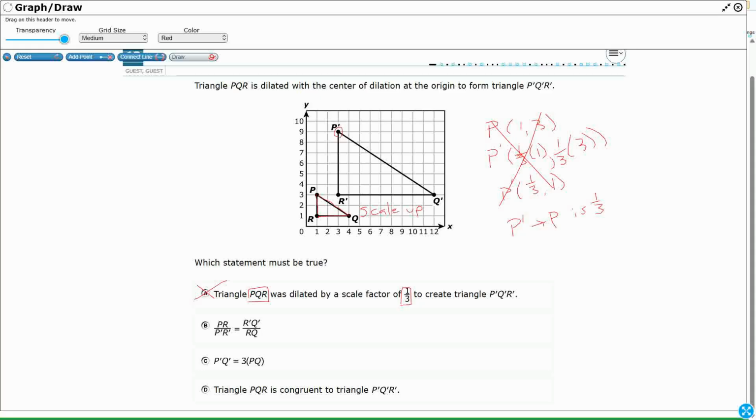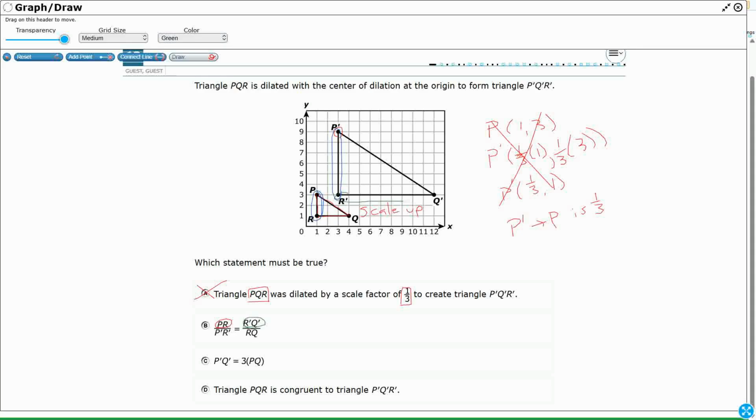Let's see, PR, so now we're just making a ratio here. So PR, I'll put that in blue. So PR is aligned with P prime R prime. Okay, so far so good. See how those two sides are aligned with each other. So now what I need on the other half is a small side with a large side. Let's put those in green.